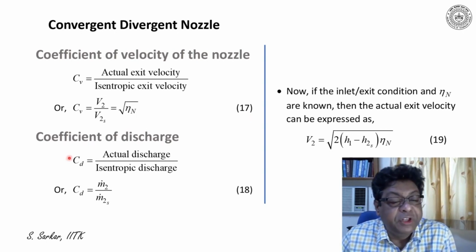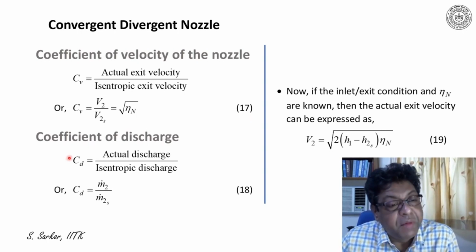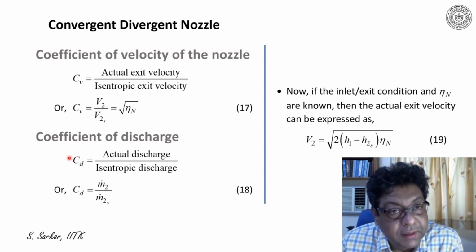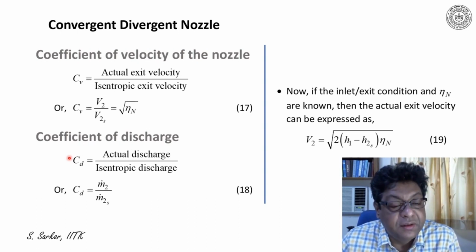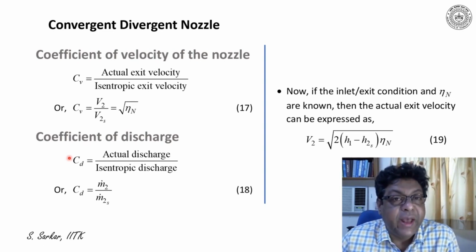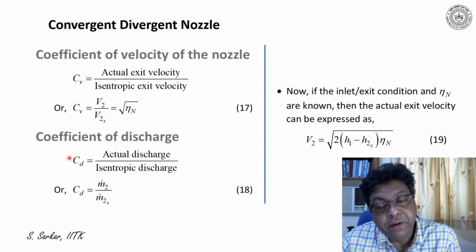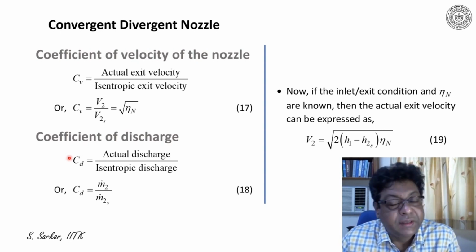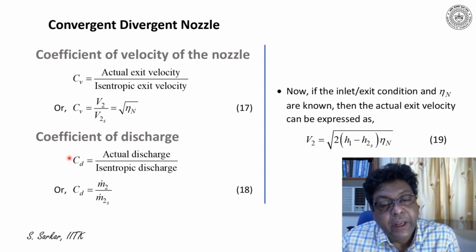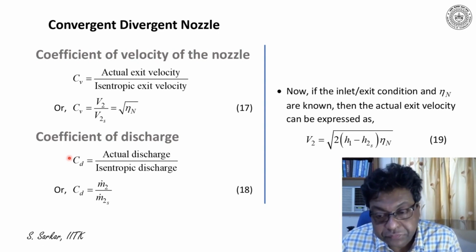Similarly, coefficient of discharge is given by CD equal to actual discharge divided by isentropic discharge. So it can be stated as CD equal to M2 dot divided by M2 dot isentropic, which is represented by M2s dot.